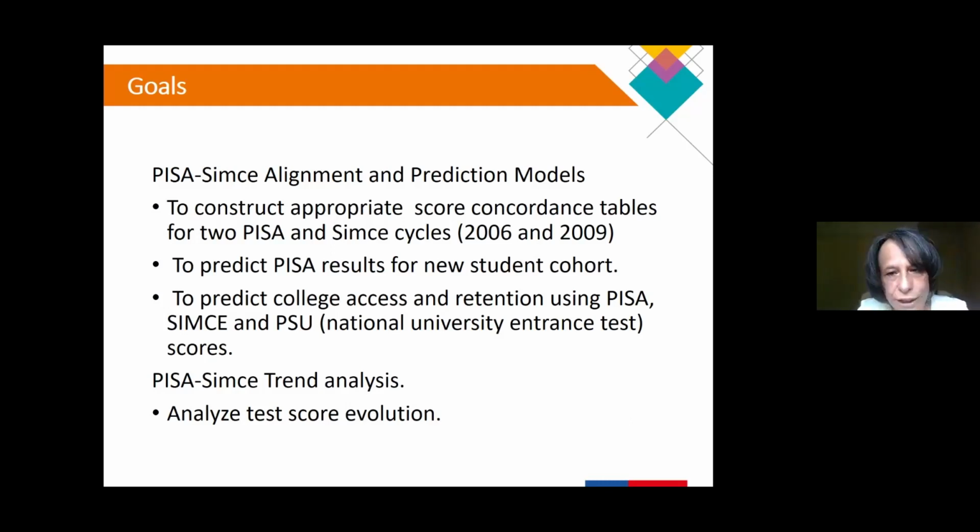So it's a very important test, but we have some concerns about its appropriateness. And we have performed some SIMSE and PISA trend analysis to see if the score evolution from both tests is aligned or not.